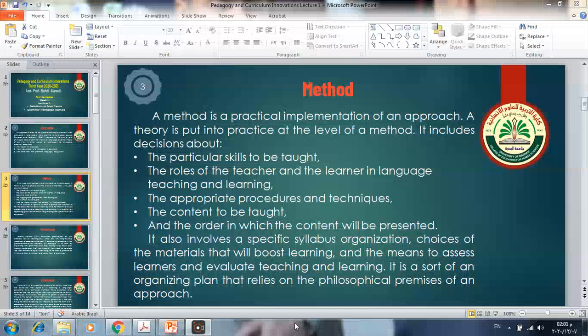So it helps us to take such decisions: how to organize our syllabus, what materials we should choose, and what things help us to boost the learning process. Okay, so all these things are included in the method.